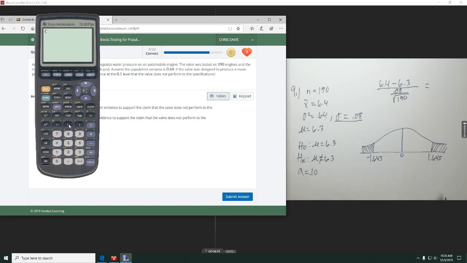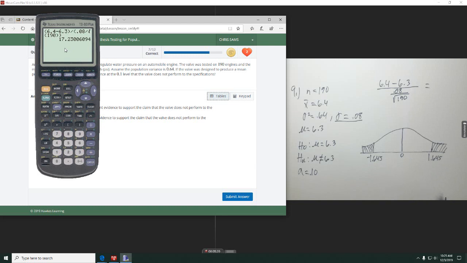Open parentheses, we're going to do 6.4 minus 6.3, close, divided by open parentheses, and then we're going to do 0.08 divided by the square root of 190 and close.